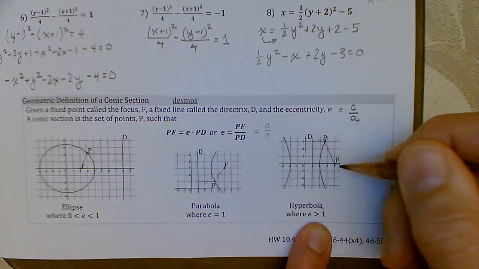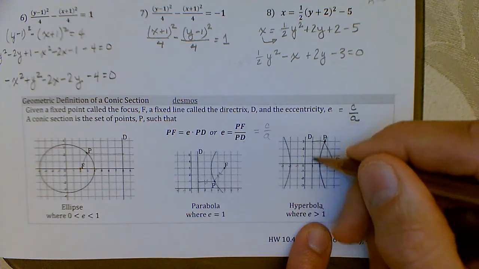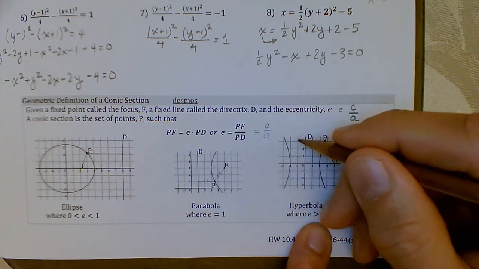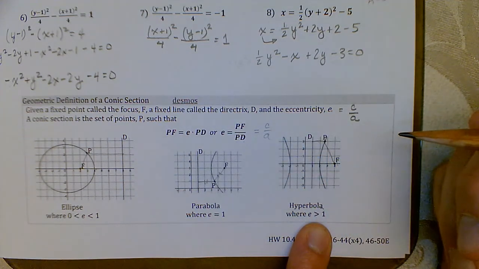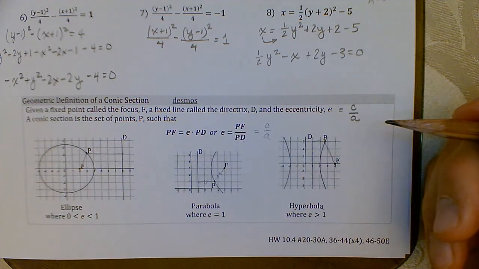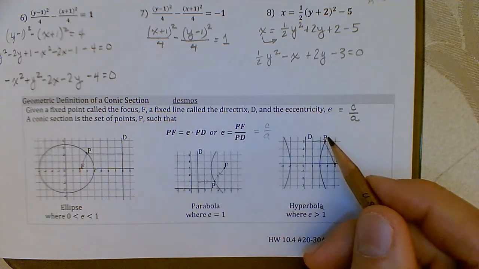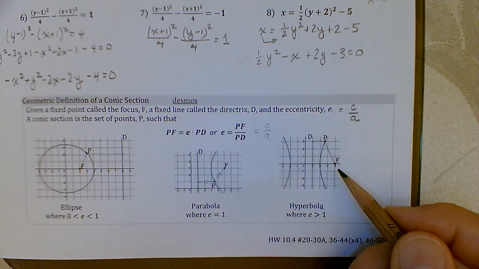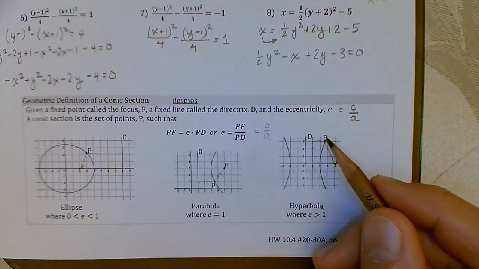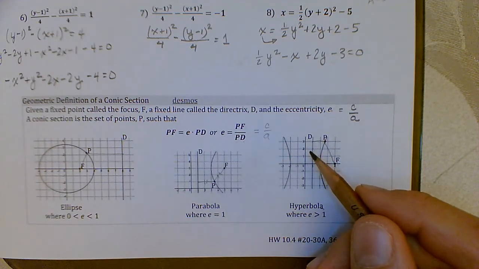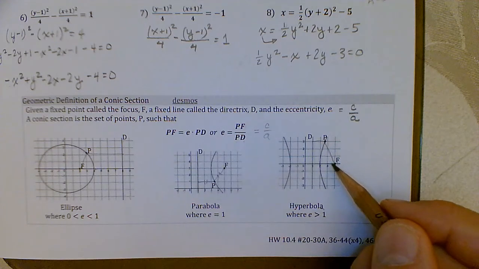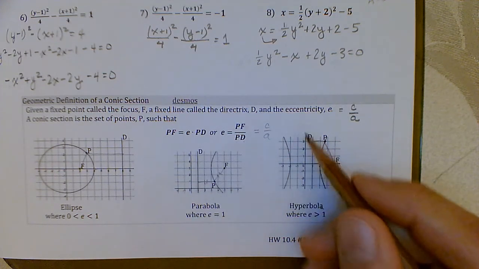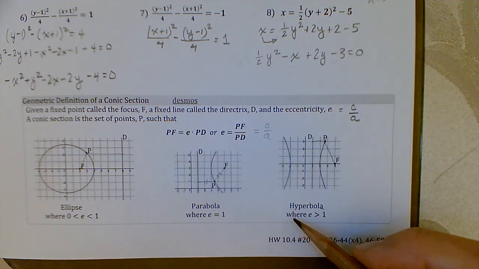Again, this focus corresponds to that directrix, so the focus over here would have its own directrix over here as well. The distance from a point to the focus is always greater than the distance from the point to the corresponding directrix. So this focus deals with the one directrix, and the other focus deals with the other directrix in this case.